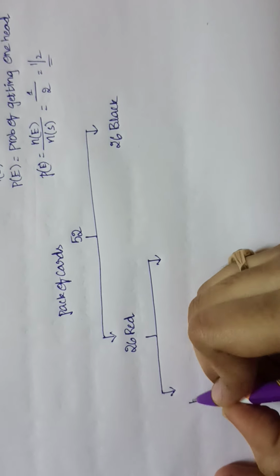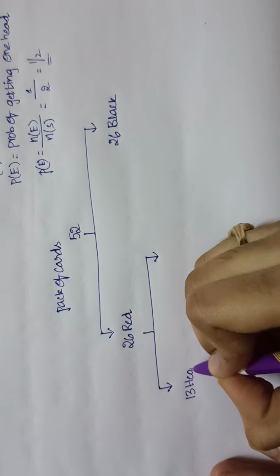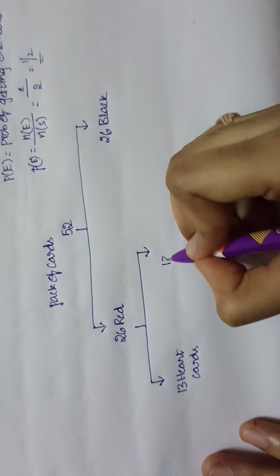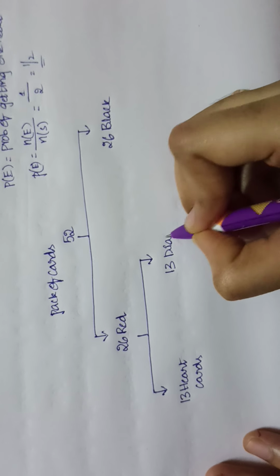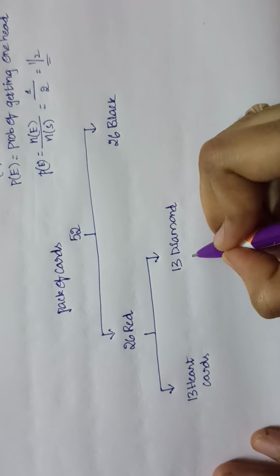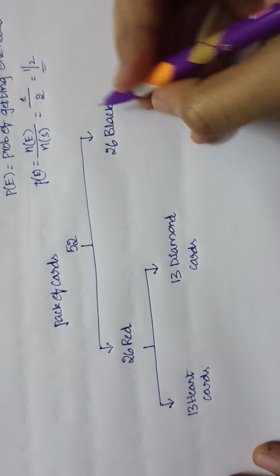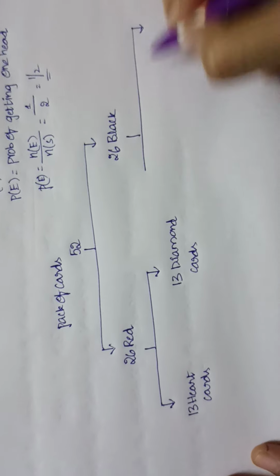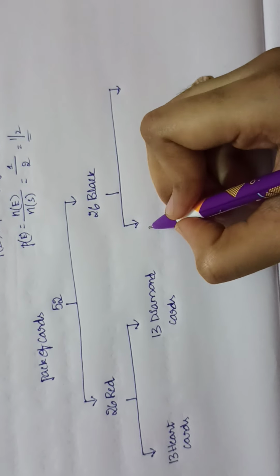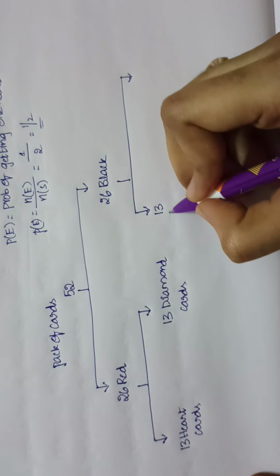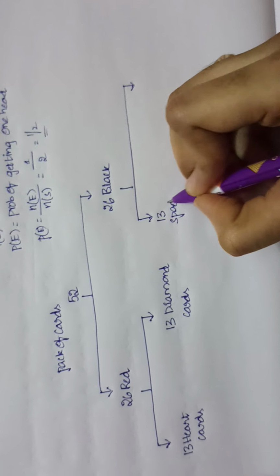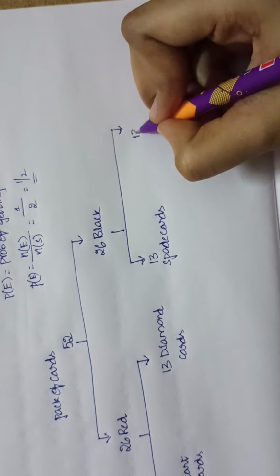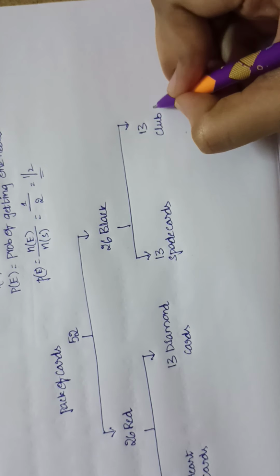They are 13 heart cards and 13 diamond cards. These 26 black cards are further subdivided into two types. They are 13 spade cards and 13 club cards.